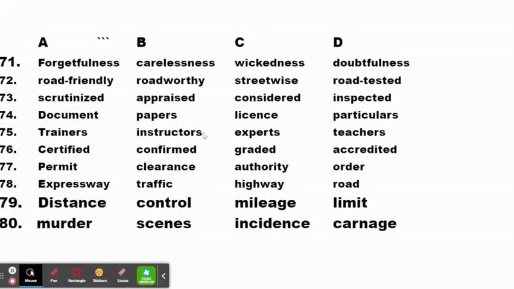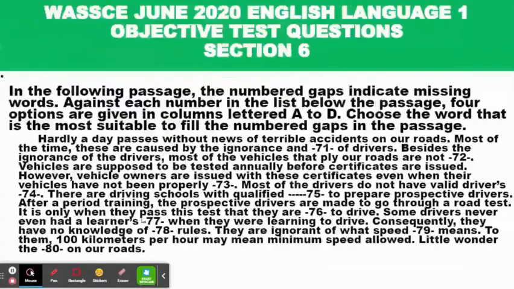Option A, certified. B, confirmed. C, graded. D, accredited. Now, drivers are certified. Okay, certified. That's the correct option there, certified. Consequently, well, okay, I missed something. Some drivers never even had a learner's dash when they were learning to drive.